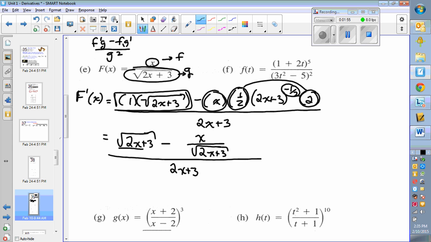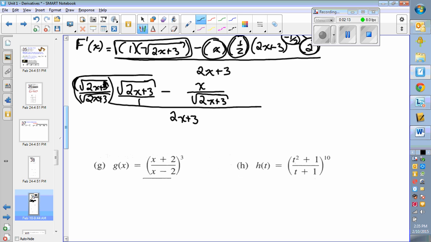Now I will get a common denominator in the numerator. So I will multiply this first term by square root of 2x plus 3 over square root of 2x plus 3. So what I will get in the numerator here is just 2x plus 3 over the root minus x over root 2x plus 3.